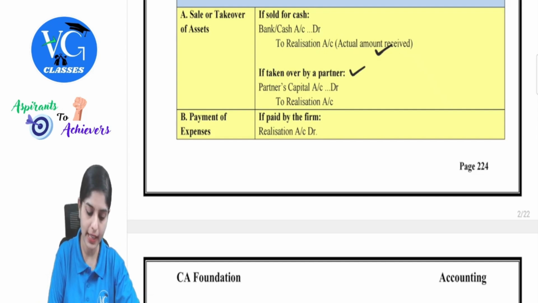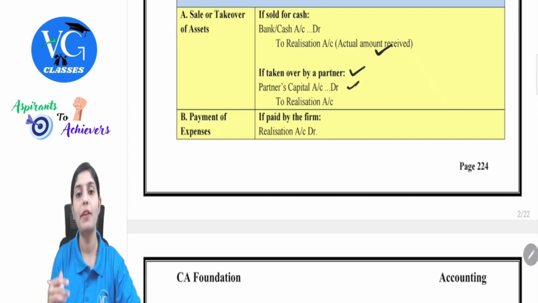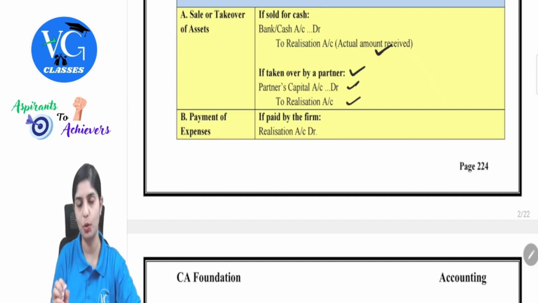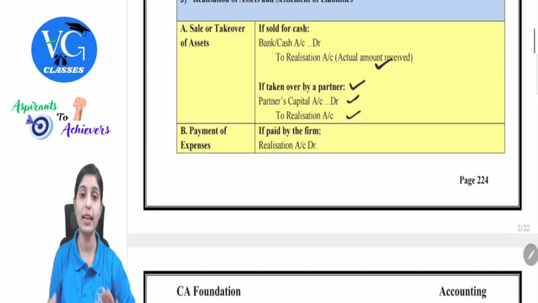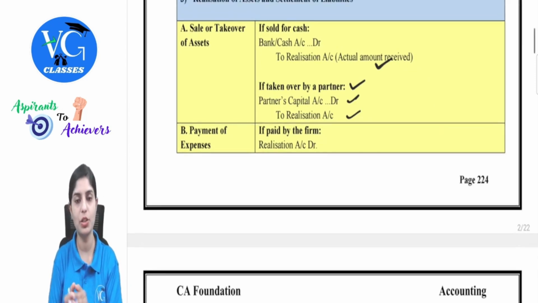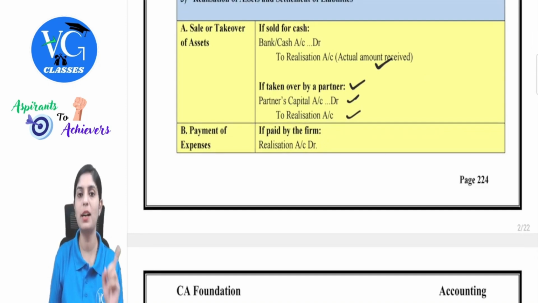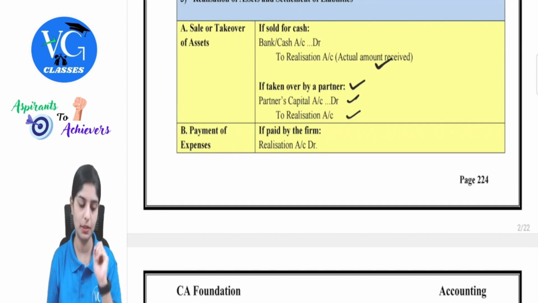Therefore, partner's capital account debit to realization account, since the asset is sitting in realization. I hope you understood the structure. This depends on what information is available in the question. If it is sold for cash, cash or bank is debited. If the partner takes it over, the partner's capital account will be debited.